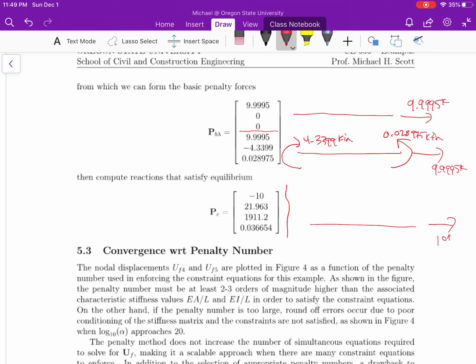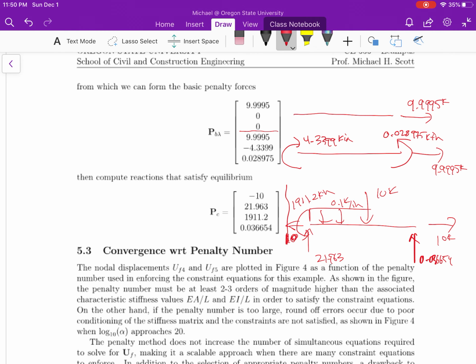So we have the applied load of 10 kips, 0.1 kips per inch, this is 10, and 21.963 kips, 0.036654, and then a moment over here of 1911.2 kip inches.